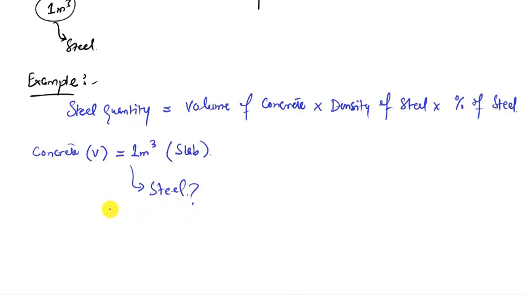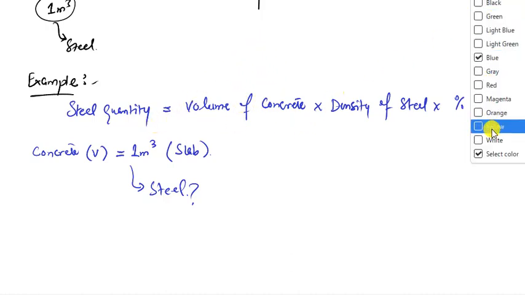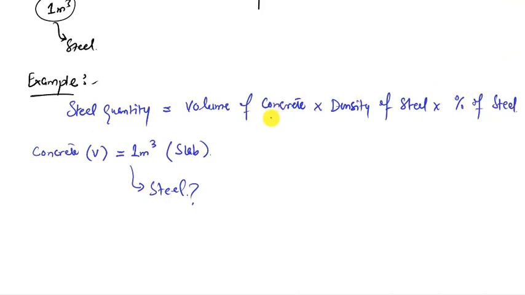So by using the thumb rule, we can find the approximate steel requirement. So by using the formula, let's say this is equation 1. By using equation 1, we can find the approximate steel we need for 1 meter cube of slab.